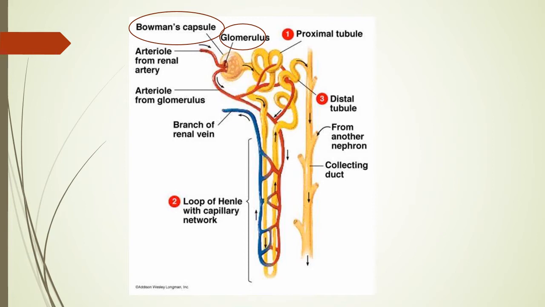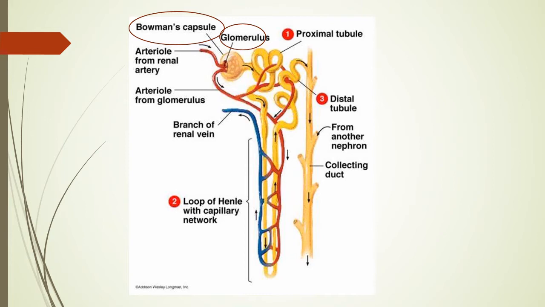So how does it work? We are already familiar with the structures of the kidney, ureter, and urethra, that means the bladder and the opening of the bladder. Then we took a quick look at the structure of the kidney.